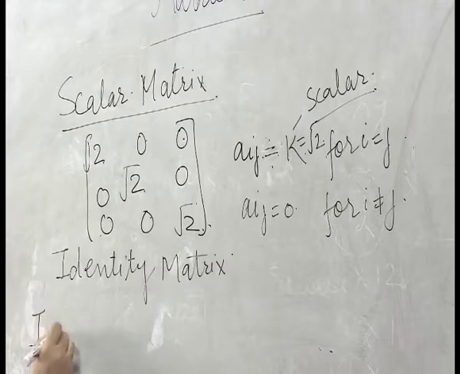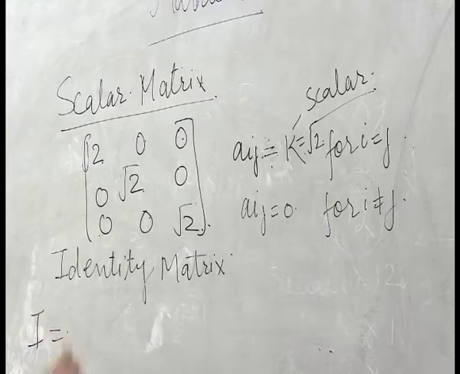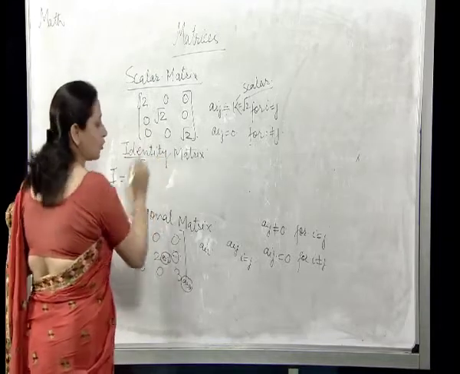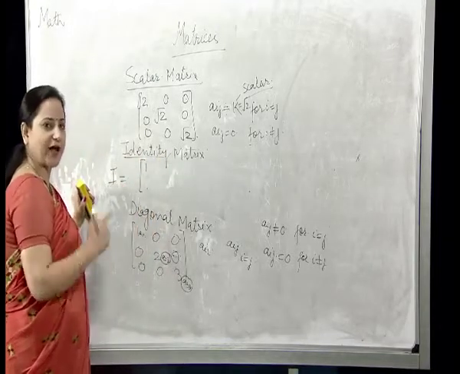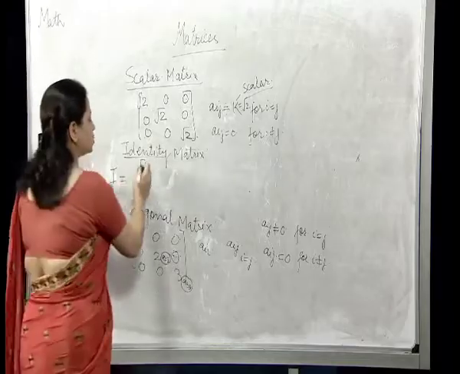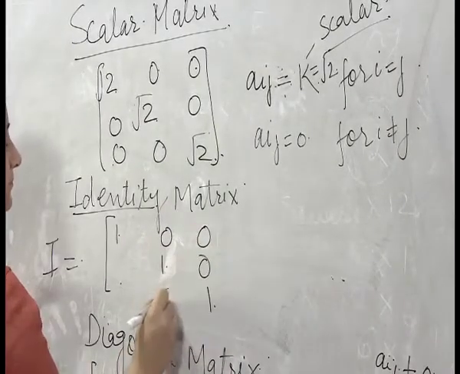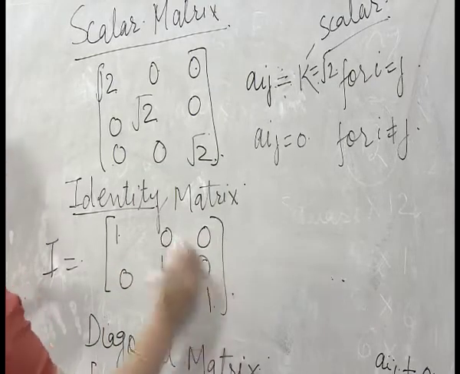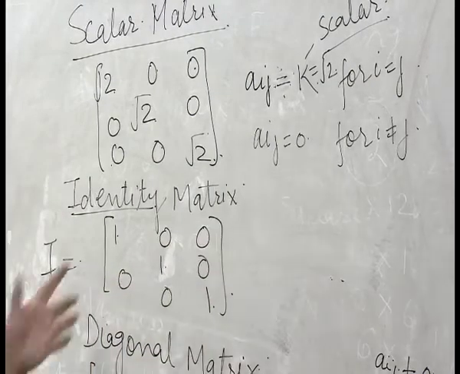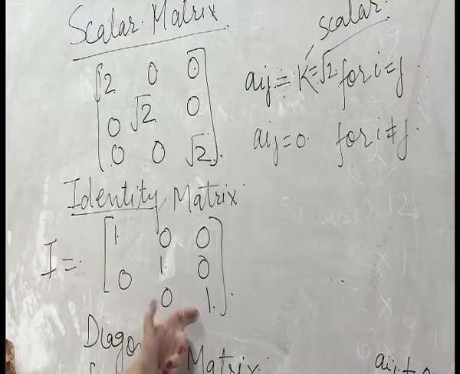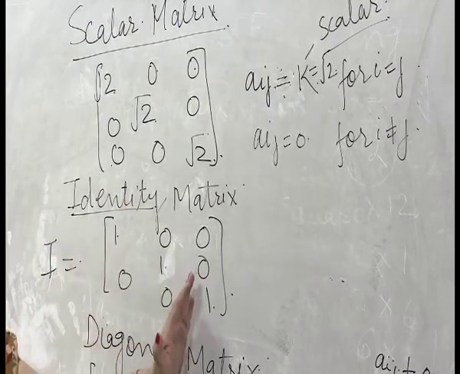Identity matrix is denoted by I. The word itself, all of you know, what is identity? Identity is 1. So you will have the elements in the main diagonal having the value 1, and all the rest of the elements are 0.